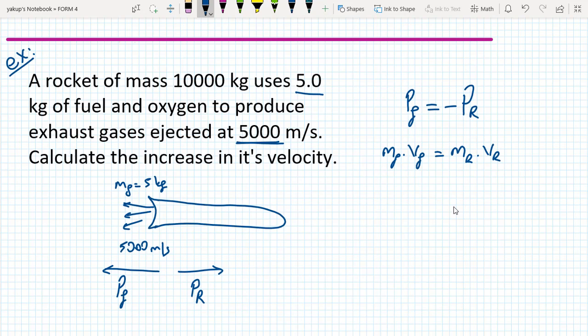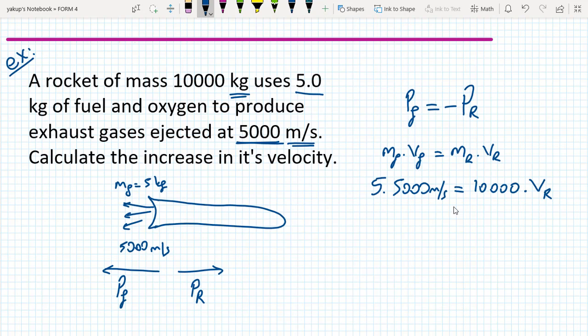Each second we are going to find how many meters per second the rocket velocity will increase. The mass of the gas is given, 5 kilograms, and the velocity of the gas is given, 5,000 meters per second, equals the mass of the rocket, given as 10,000 kilograms. It is already in kilograms and meters per second, so we don't need to convert anything. About the units we have to be very careful.